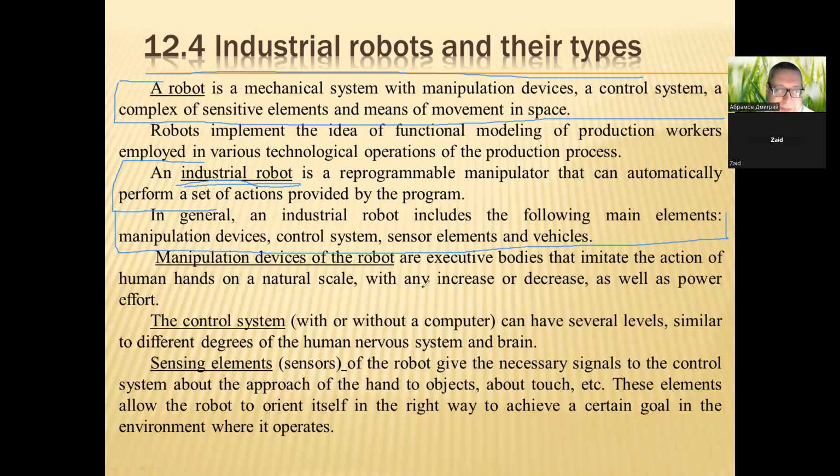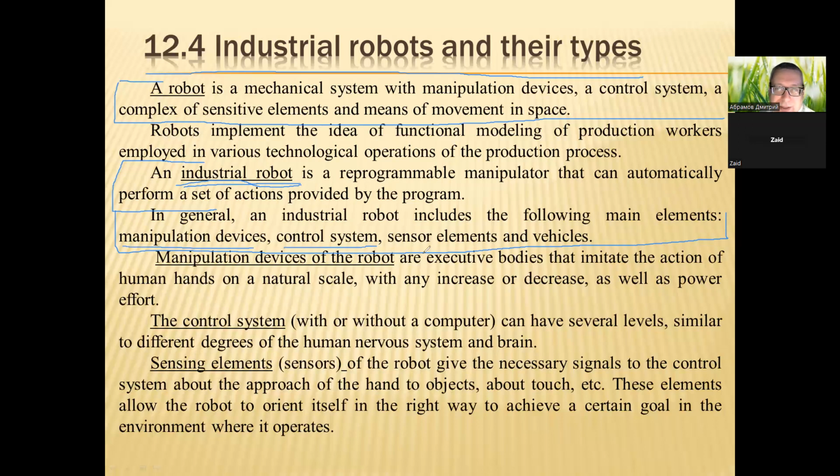The control system. It was manipulation device. Now control system. The control system with or without a computer can have several levels similar to different degrees of the human nervous system and brain.